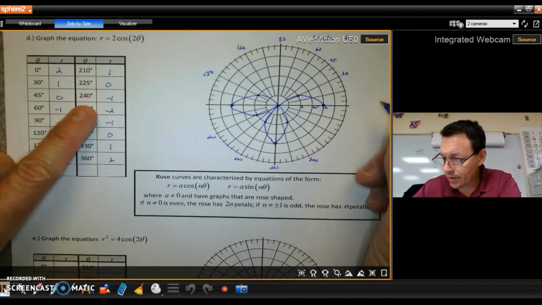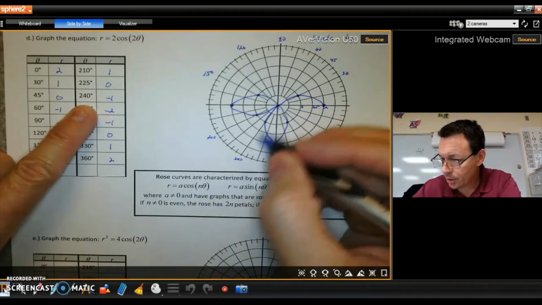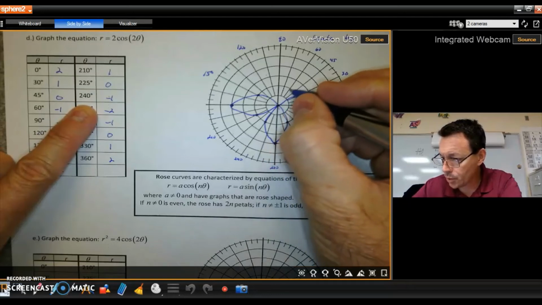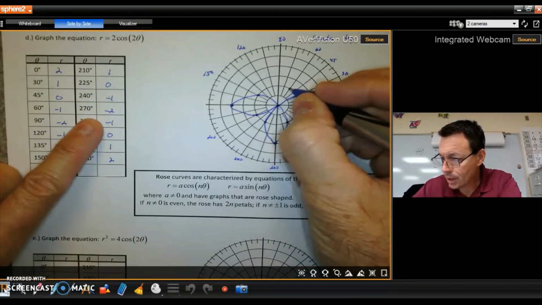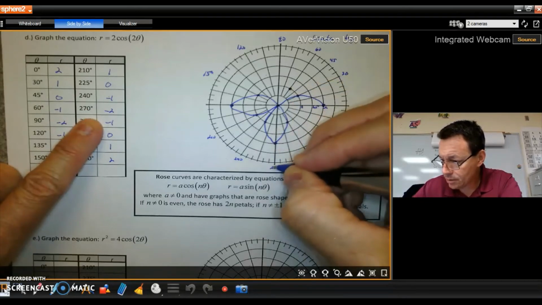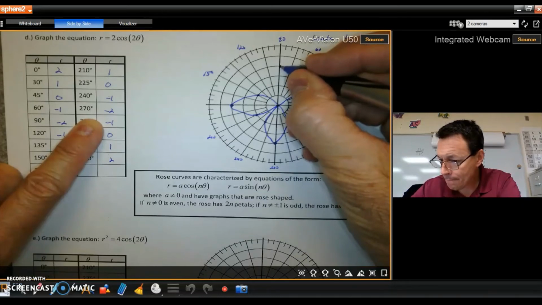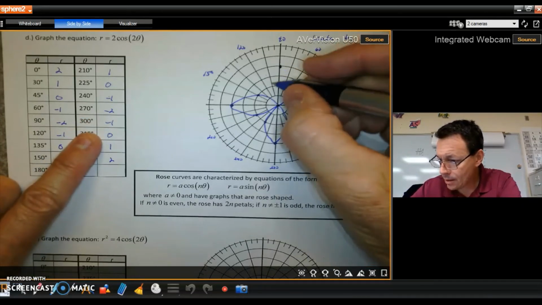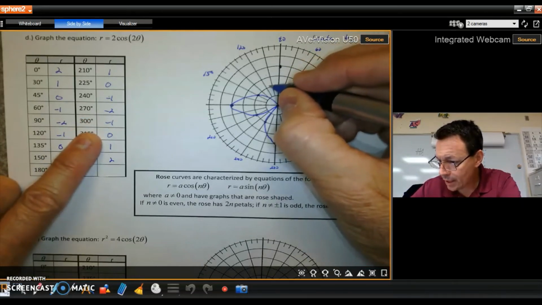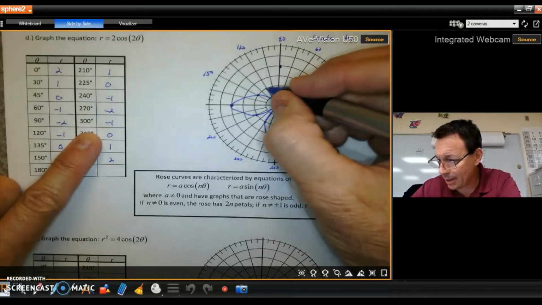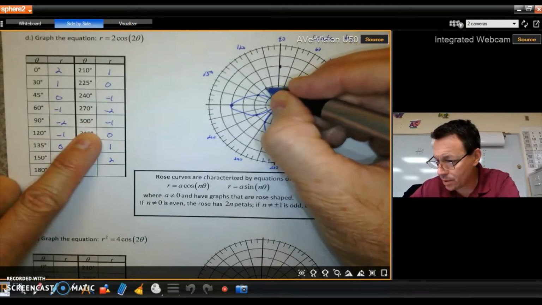Where are we at? 225, 240. So here's 240, but we're going away from 240. So we're going towards 60. There's -1. At 270, I'm going away from 270. 1, 2, 3, 4. And then I'm at -1 again. Once you start to get a pattern going, you can see where this is headed.